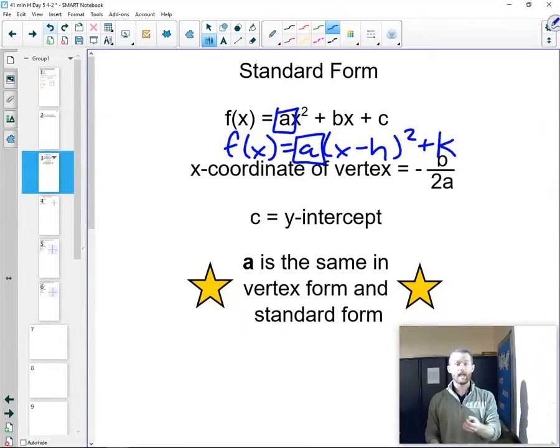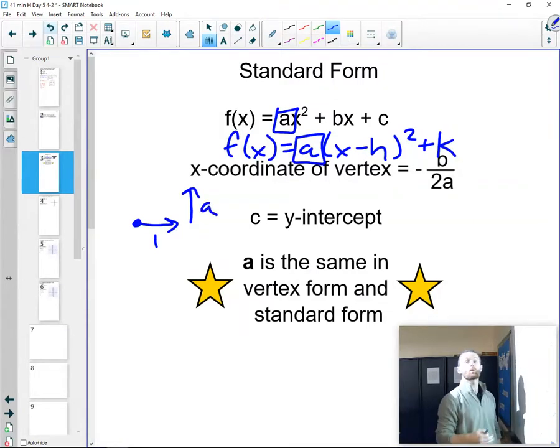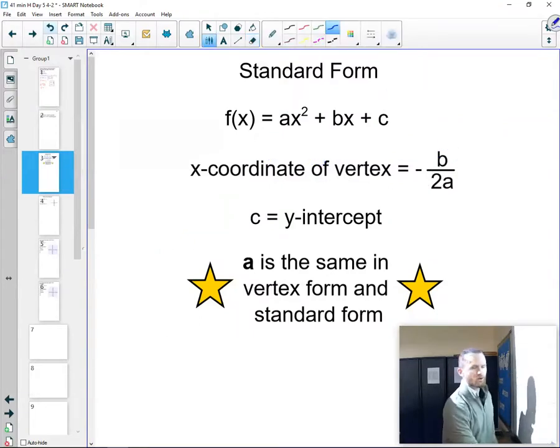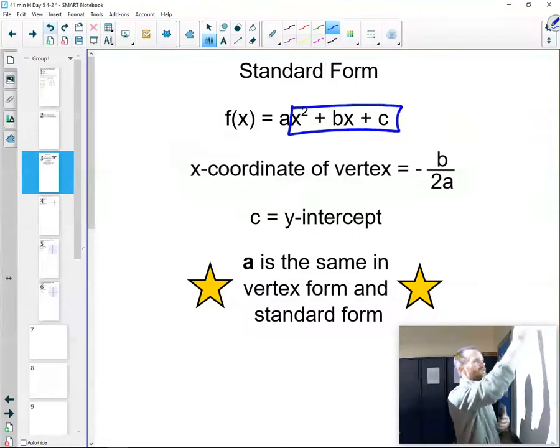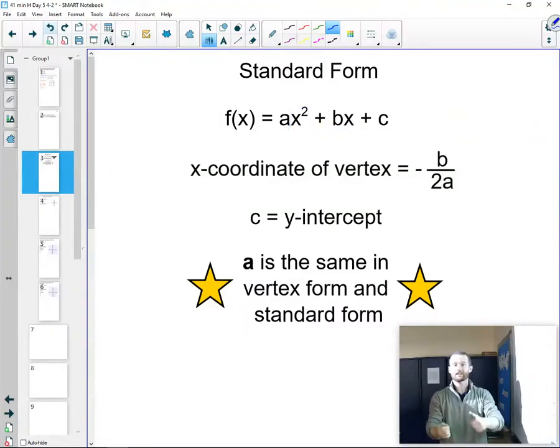Just like we use a in 4-1, we've got our vertex, we just go right one and then up or down whatever a is. We get to do that same trick in standard form because a is the same thing. Even though the rest of the formula looks different, we can still treat a the exact same way, which makes things a lot easier.